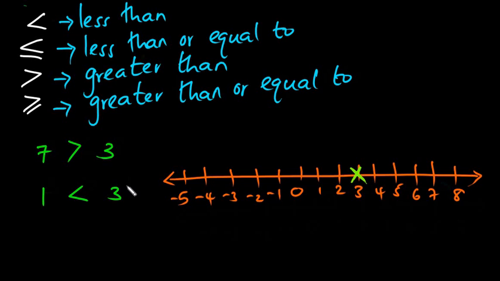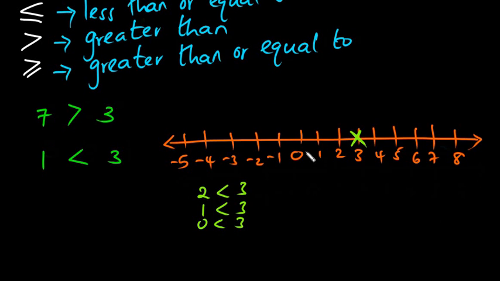Now, let's say I want to represent all the numbers that are less than 3. 2 is less than 3, 1 is less than 3, 0 is less than 3, and there are very many. All numbers to the left of 3 are less than 3.